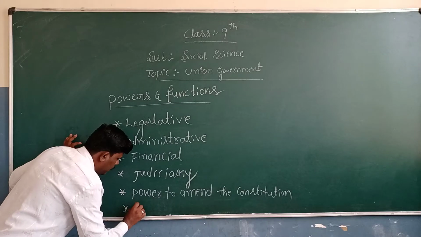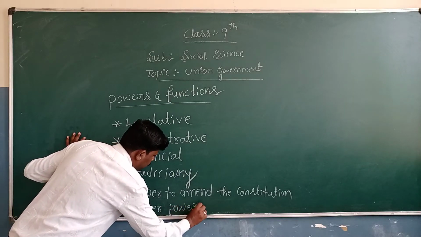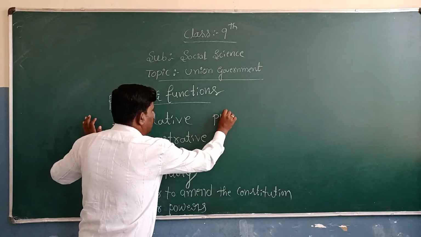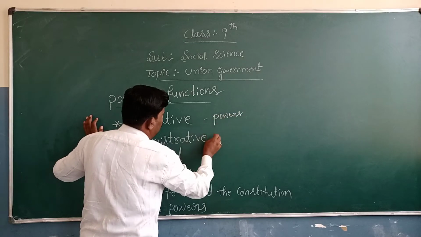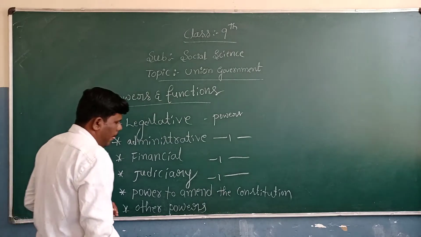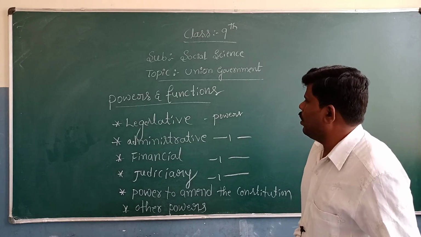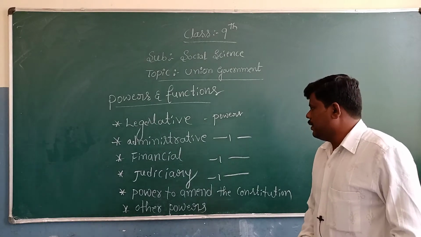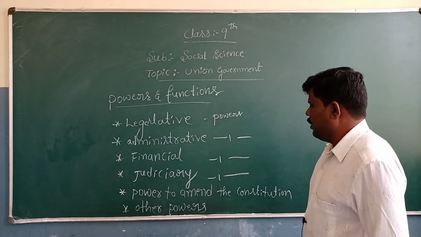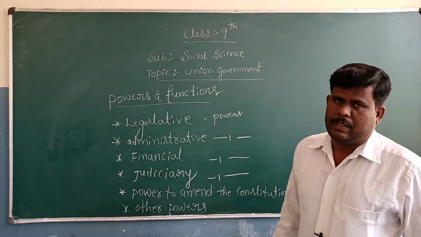Another one, other power. So, these are all the powers and functions of the union government. The important powers of the Parliament are legislative power, administrative power, financial power, judiciary power, power to amend the constitution, and other powers.